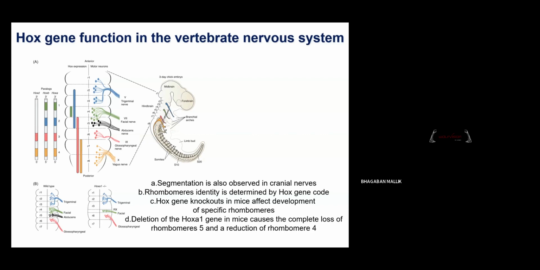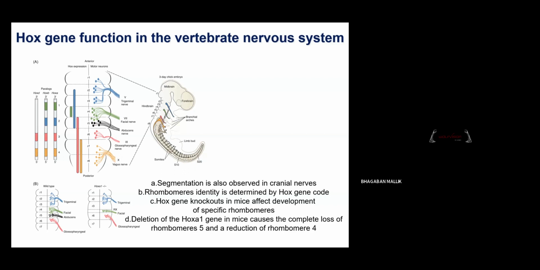this is the example of a chick embryo, a 3-day chick embryo. So mostly I'll be talking about the hindbrain segmentation, which I talked about in the previous slide, the rhombomere development from the hindbrain. So here the chick embryo looks like this. You have the forebrain, the prosencephalon, and the midbrain, the mesencephalon, and the hindbrain, the rhombencephalon. Again, the rhombencephalon is subdivided into metencephalon and the myelencephalon.